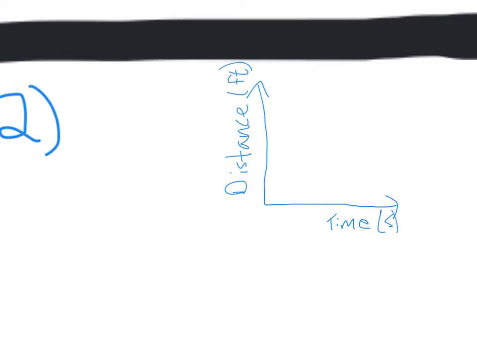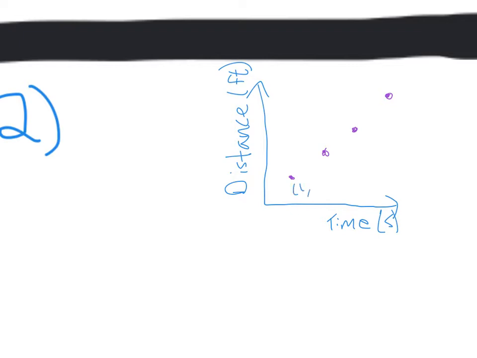Alright, and then on this coordinate plane, we've got a point here, here, here, and here. And they give you some numbers to represent those points.